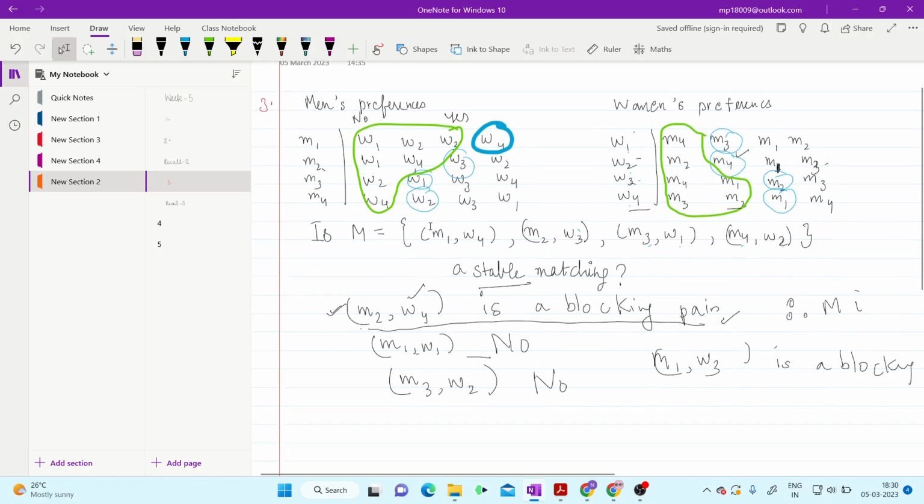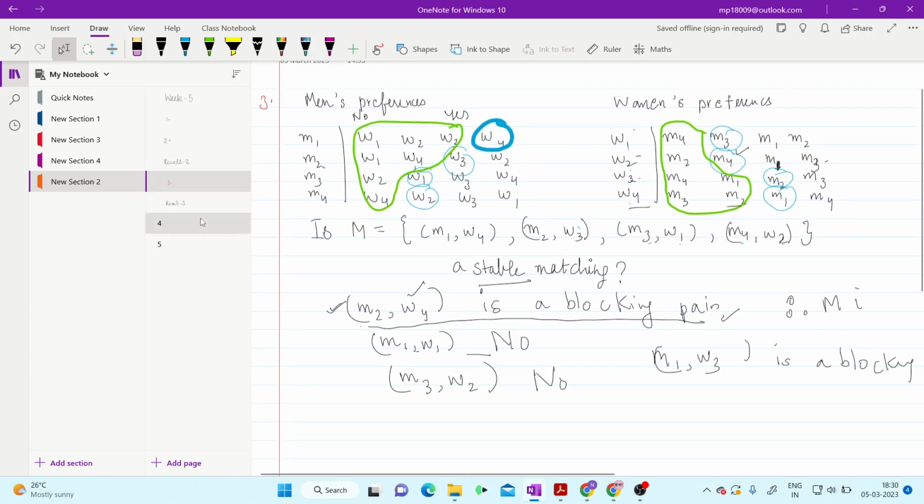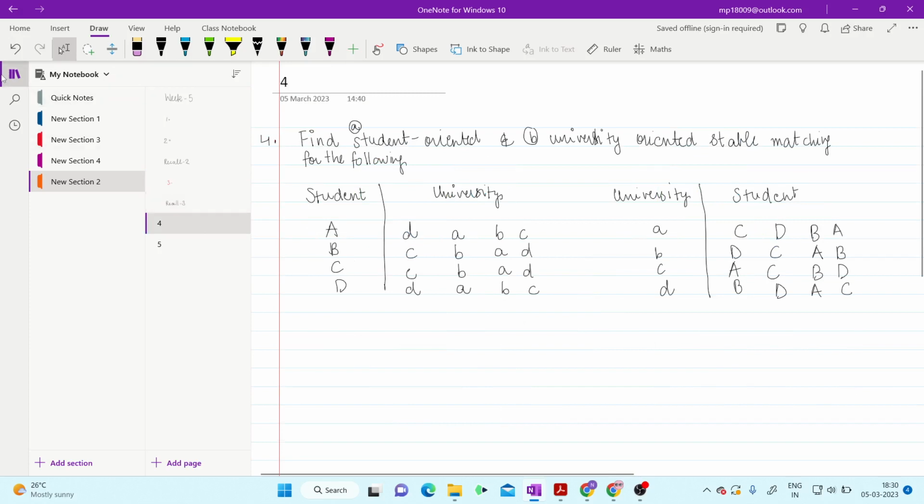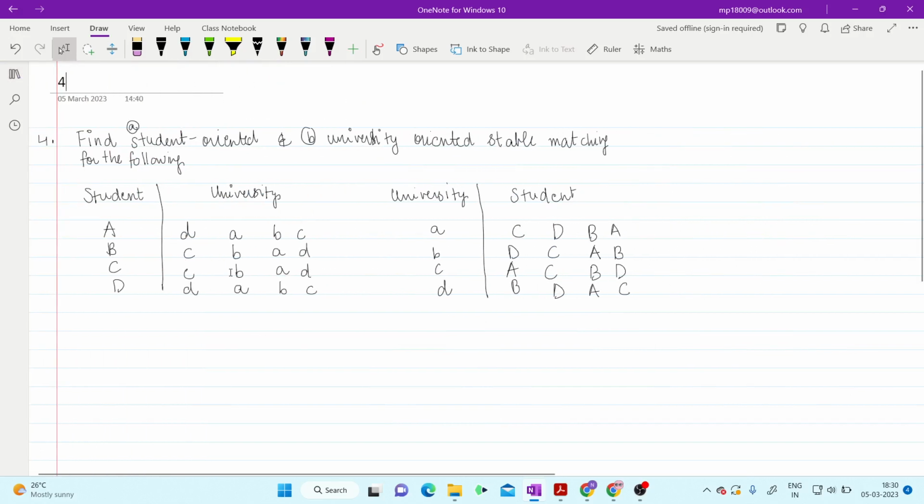Now our next question is to find the matching. Given any data, we can always find a stable matching. Even if some have the same preference list, we'll be able to find a stable matching.